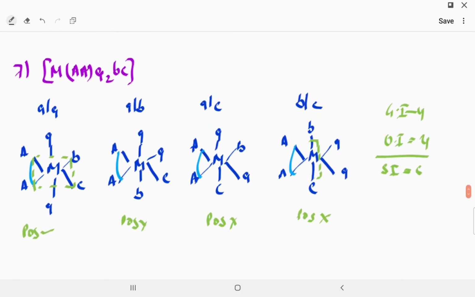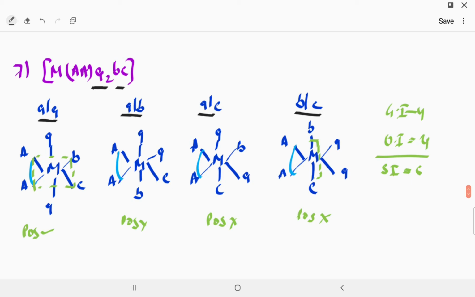Now guys, 7th. Okay, this is also very important. MAA A2BC. In this case, you are able to see that we can take AA trans, AB trans, AC trans, BC trans.